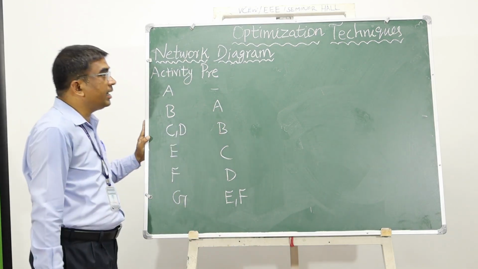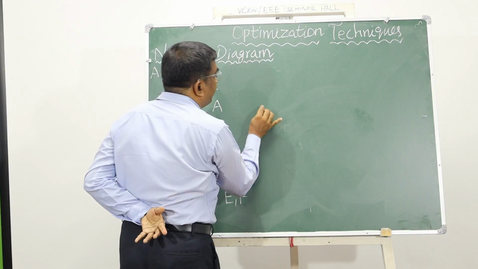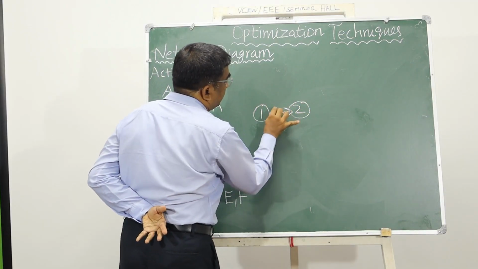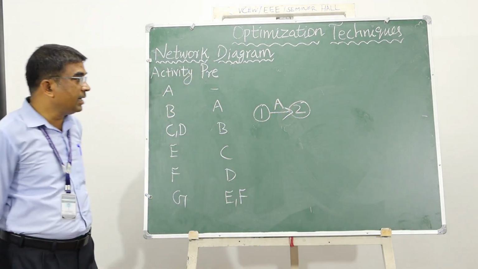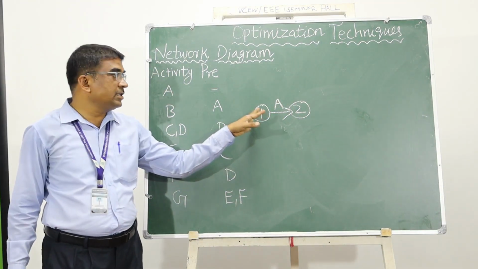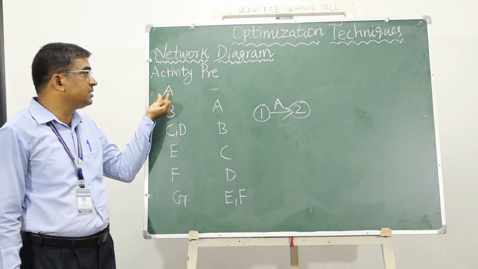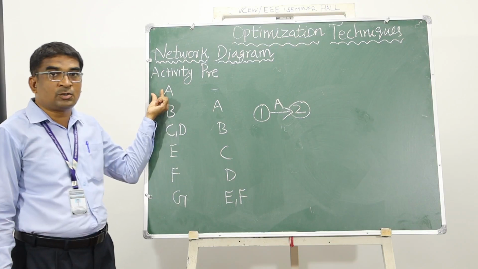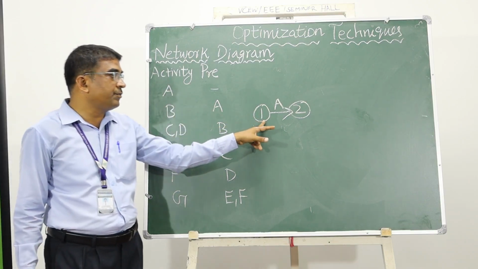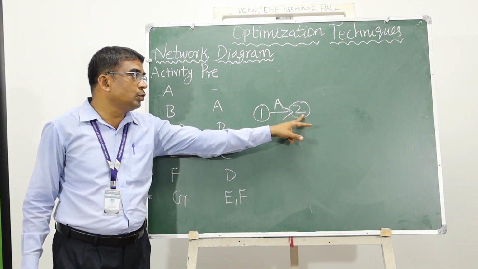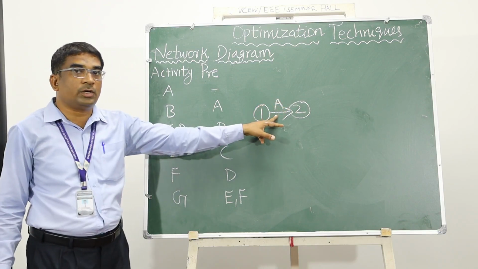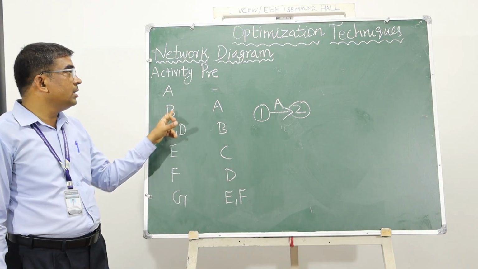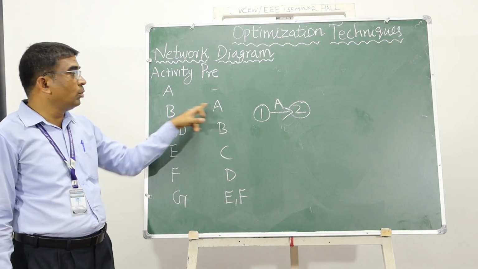Now we can draw the example. From node 1 to 2 we have activity A, because there is no activity before A, the first activity, so we can start with node 1 to 2 for activity A. Next, from activity A to B we have one more edge.